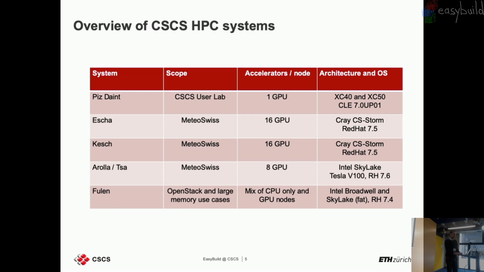And the new MeteoSwiss system, which is called Arolla and Tsa, these are logical names for the same system, features 8 Volta GPUs per node with an Intel Skylake processor. Last but not least, we have an OpenStack service, which is a virtual system called Fulen, based on Intel Broadwell and Skylake processors and Red Hat 7.4.